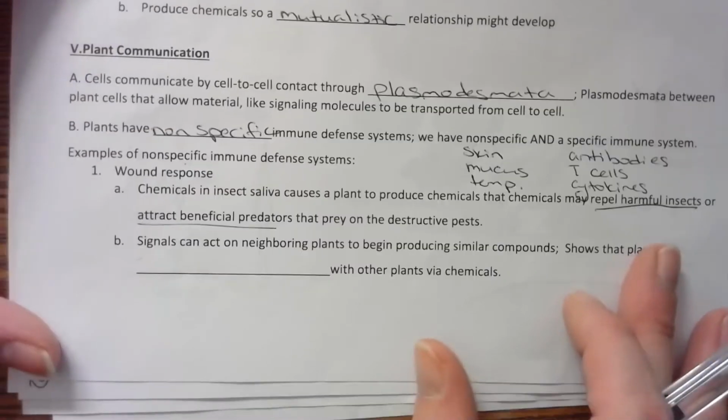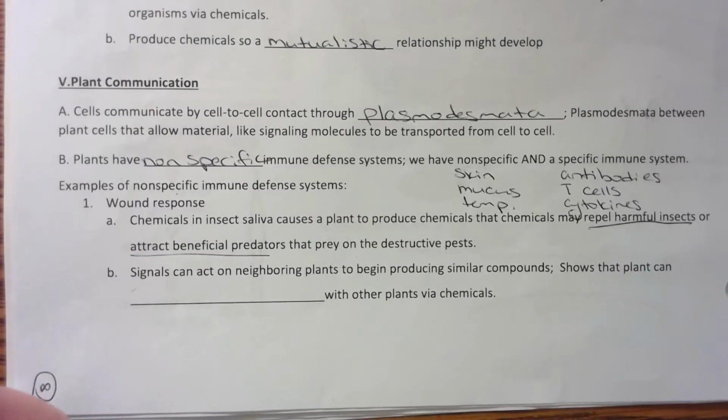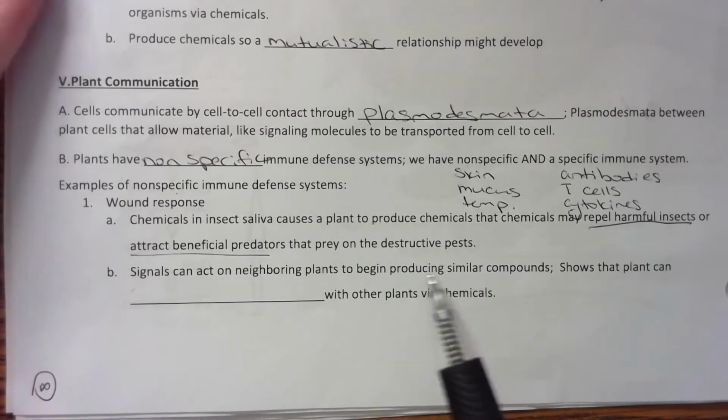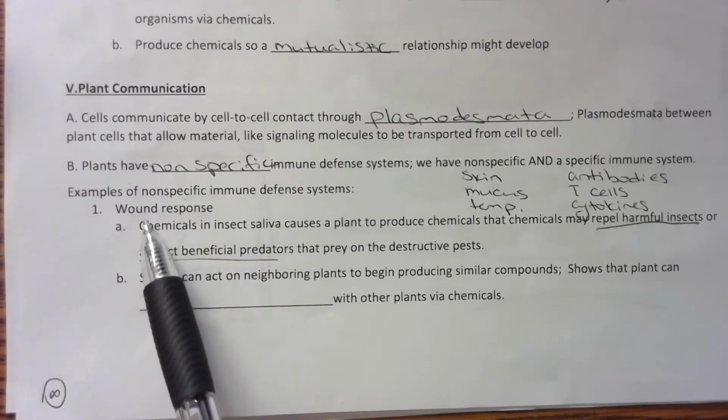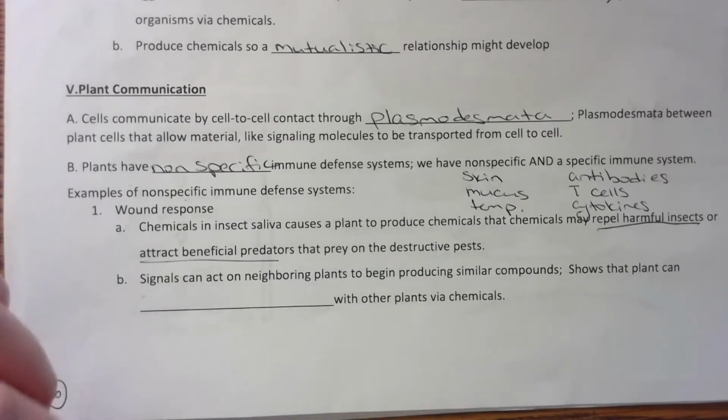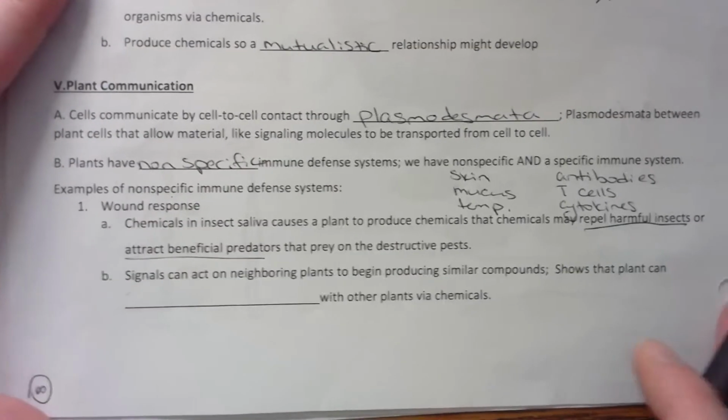Again, the organization of these notes sometimes drives me a little crazy, but there is a specific name for that you might, I guess, need to know, and that's wound response.